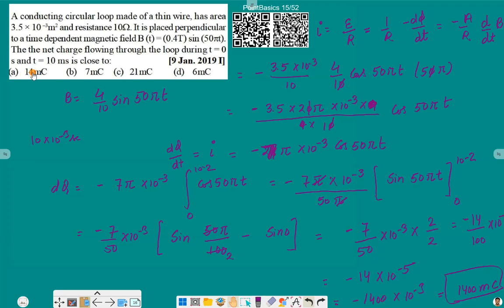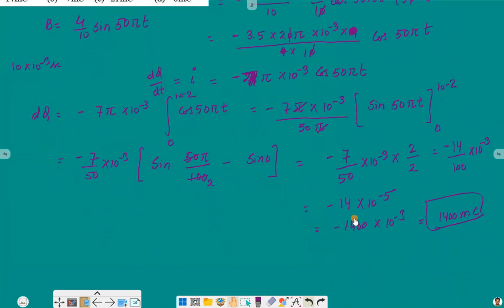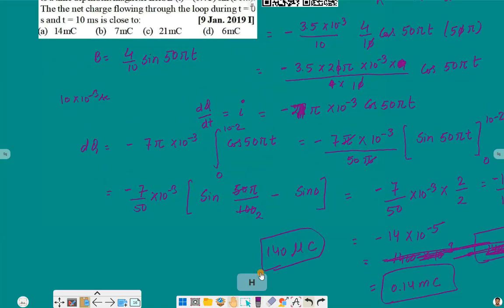Oh, sorry, not 1400 millicoulomb. It should be 0.14 millicoulomb, either it should be this, or it should be 140 microcoulomb.